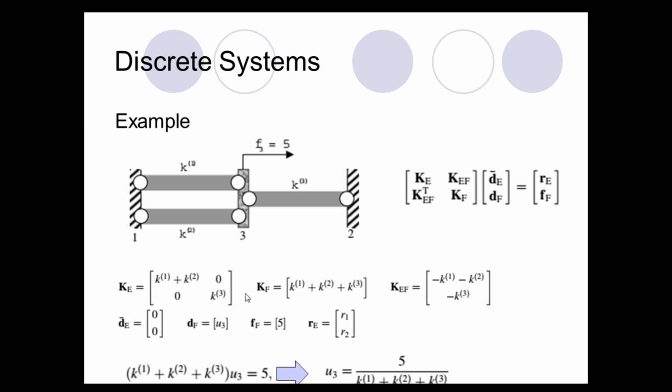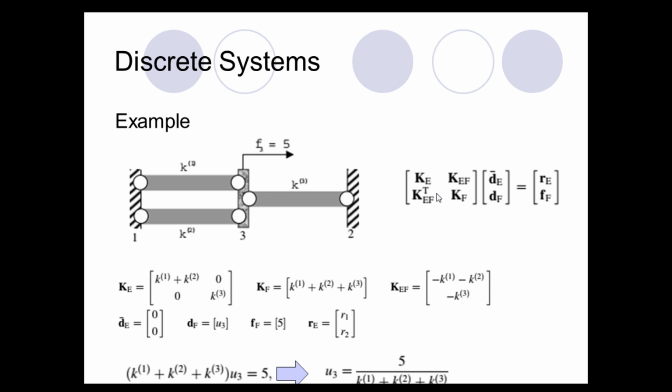So if we make this multiplication, take this row and multiply it with this vector, so it is Kef multiplied by De, Kf multiplied by Df.